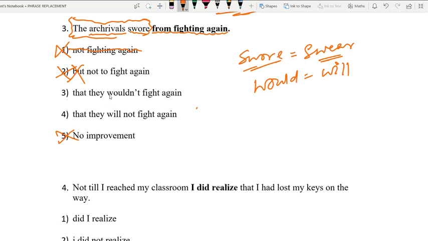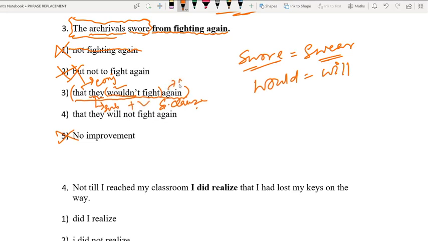So here the past form of will is would: they wouldn't fight again. This entire part is a subordinate clause, and "that" functions as a subordinating conjunction. The subject of this part is they, and "would not fight" is a verb phrase.